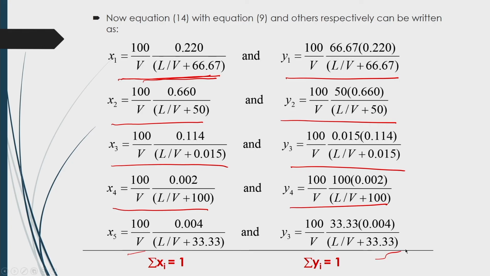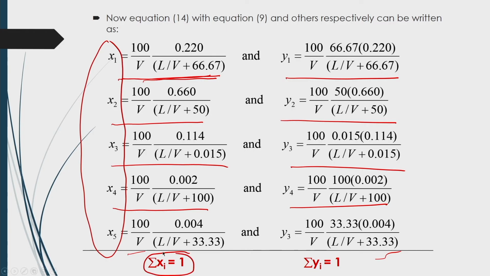Now, you will see that if you sum up the liquid phase compositions for all components, it will be 1. Similarly, if you consider the vapor phase composition, the summation of yi will be equal to 1.